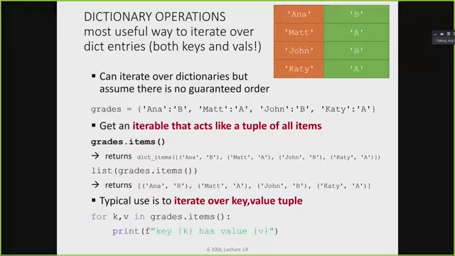Right? So with each iteration, I have access to both the key and the value for that entry, which is pretty useful. Right? So if I have this line of code here, if I print key k has value v, the k and the v will change with each entry. Right? I'm just grabbing both the key and the value for that entry.